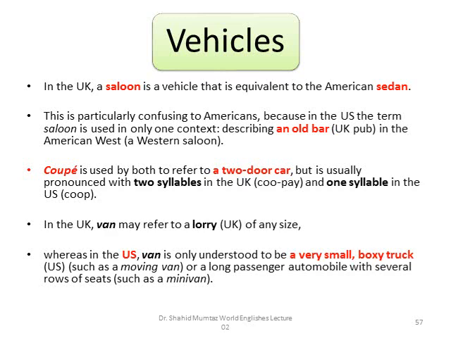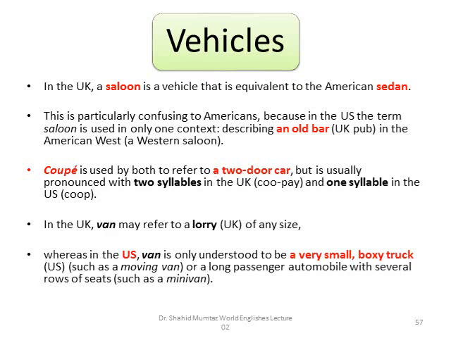In the UK, van may refer to a lorry. Van in the UK refers to a lorry of any size, whereas in the US, van is only understood to be a very small boxy truck.